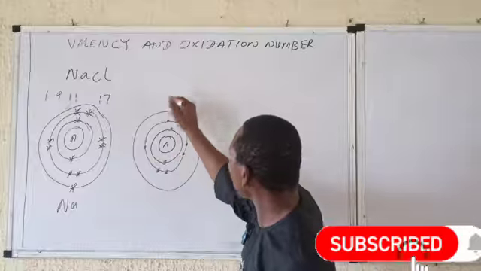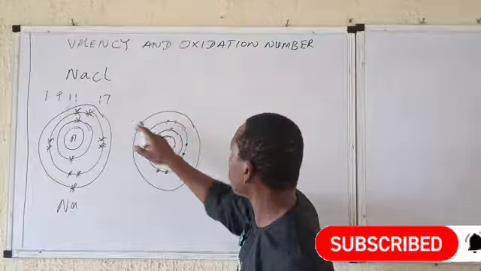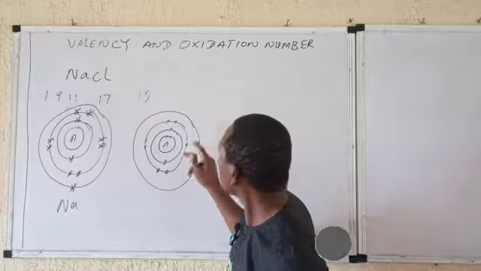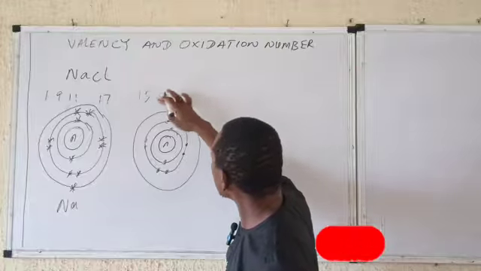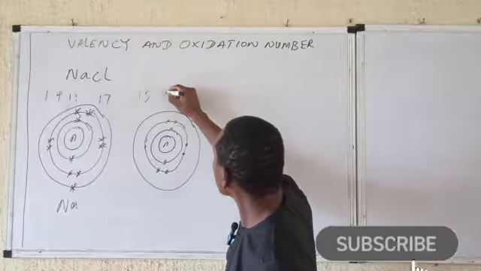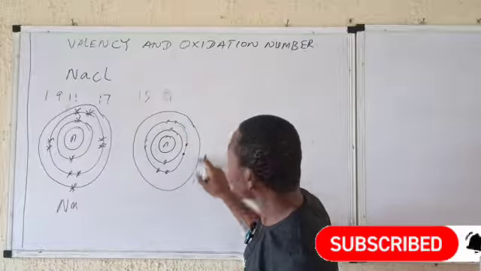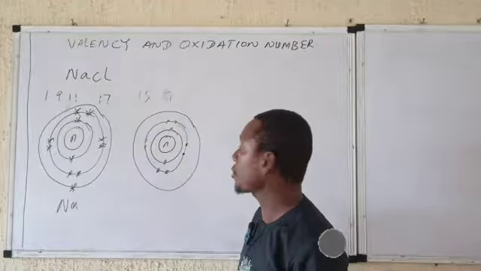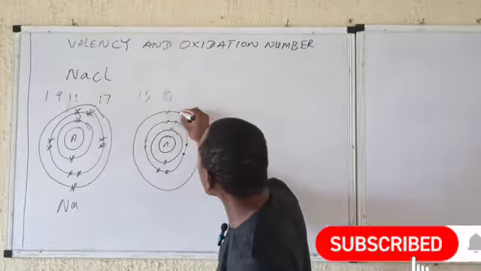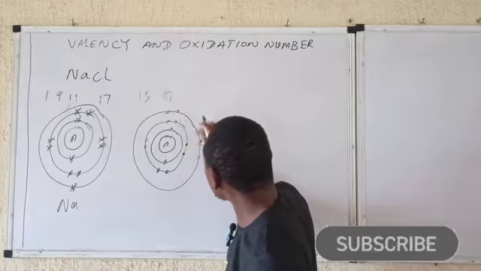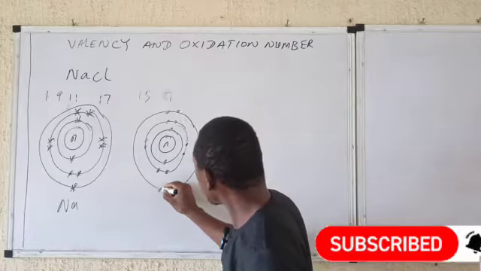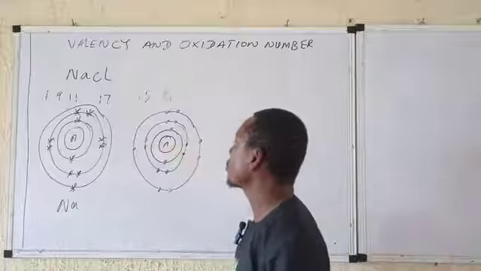If the first shell takes 2 electrons out of 17, how many will be remaining? 15. The second shell takes 8. How many will be remaining? 7. So the third shell will now take the 7 electrons. That's 1, 2, 3, 4, 5, 6, 7.